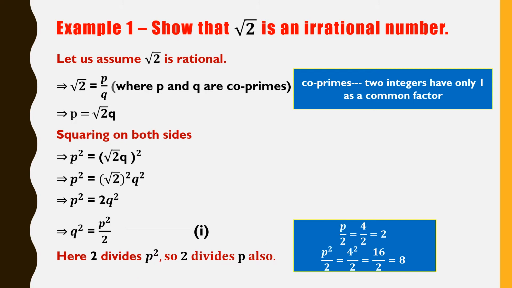Simple. Here we got Q square equal to P square by 2, and for Q square and Q we should get Q square by 2. For that we'll go to the next slide.